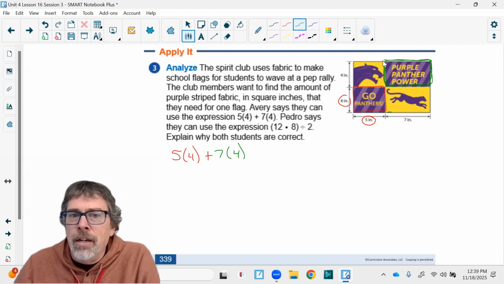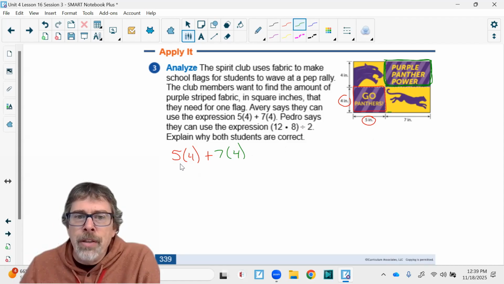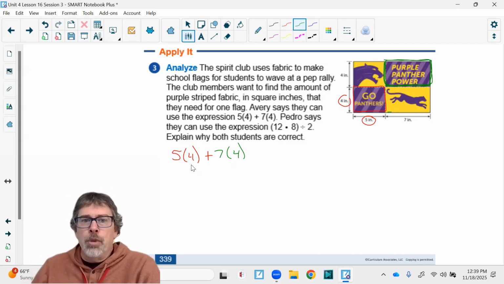So we're looking for the two purple areas together. This will tell us what each square is. When we add them, 20 plus 28 equals 48 square inches. So I need 48 square inches to do both purple striped corners.